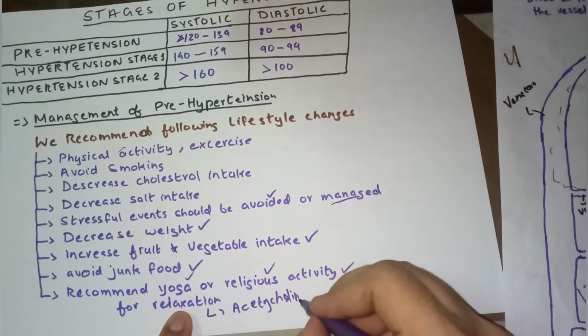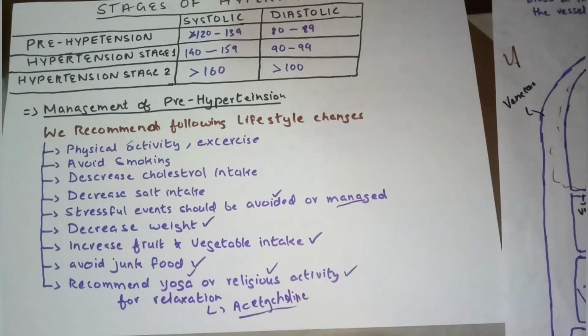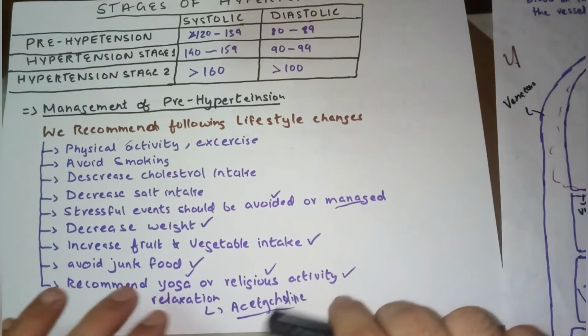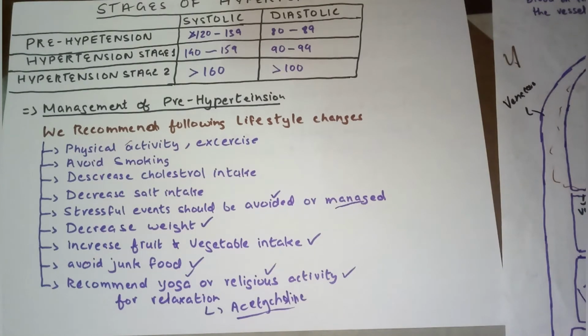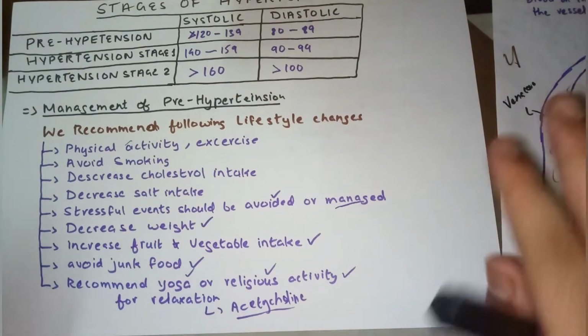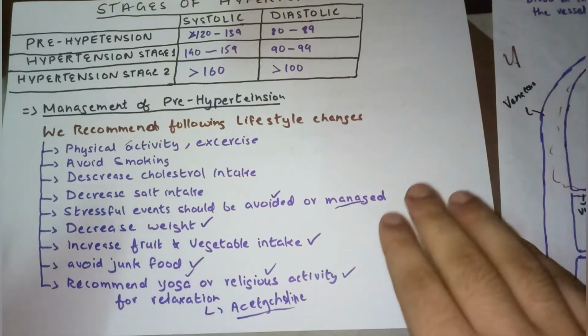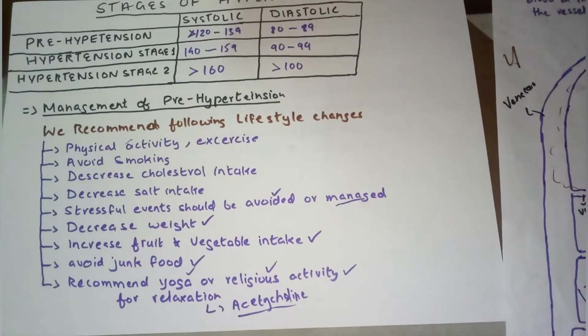Acetylcholine is from the parasympathetic nervous system. So if you haven't watched my video on the parasympathetic nervous system, or if you don't have the concept about the parasympathetic nervous system and acetylcholine, then the link is given in the description so you can watch it. So these are the recommended management of pre-hypertension.